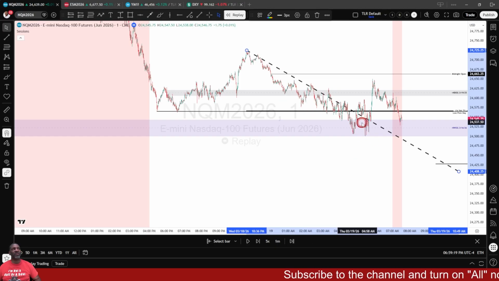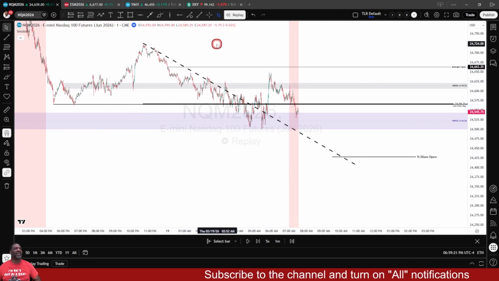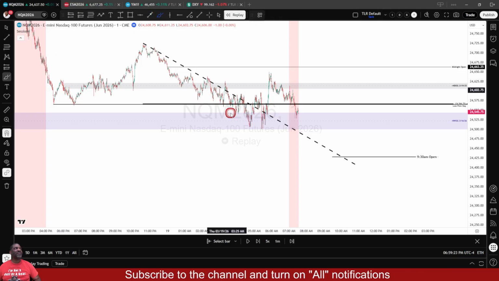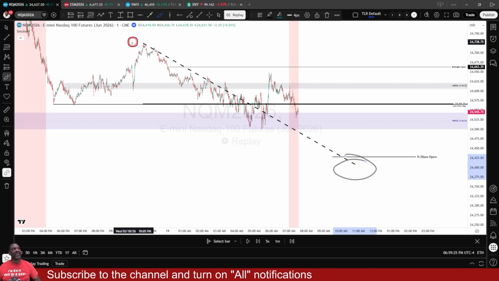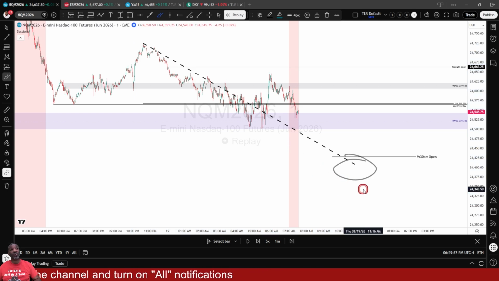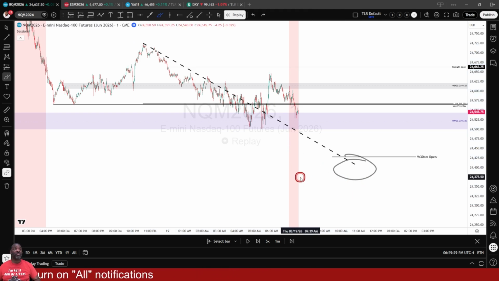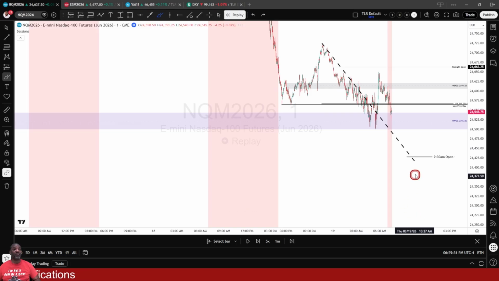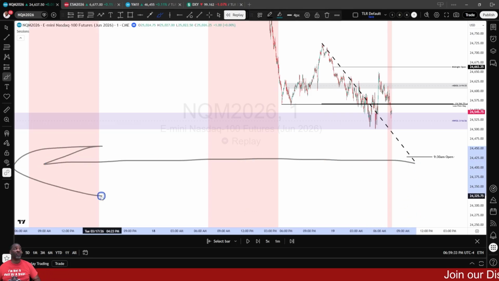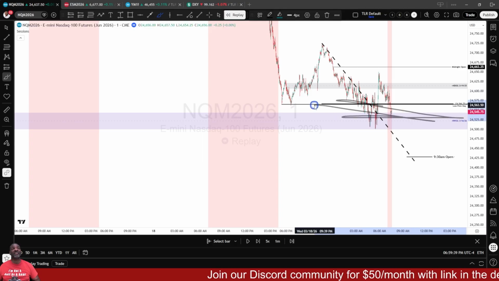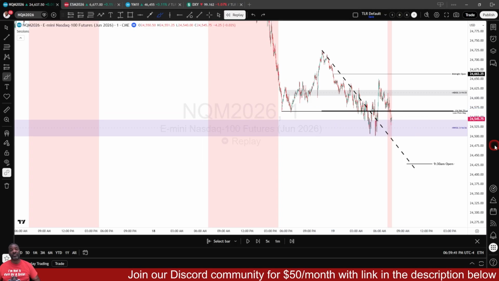You put it roughly in the middle of that consolidation, and then you say that is approximately where I can anticipate price to go. Then you want to marry it up to a low or a high if you're trying to project which liquidity it's going to target, because price tends to consolidate at equilibrium.